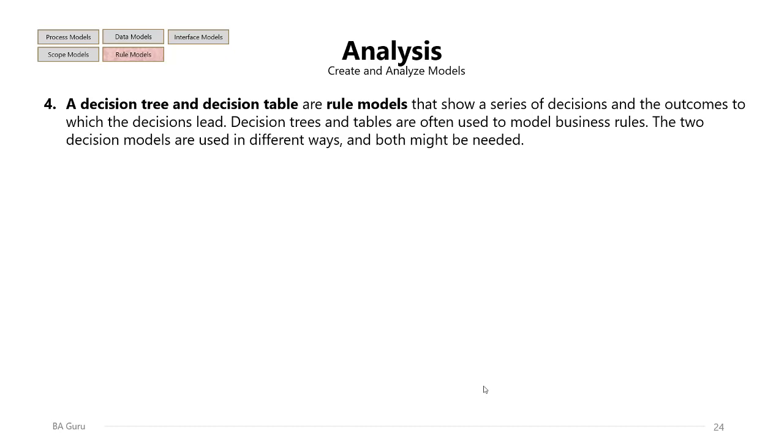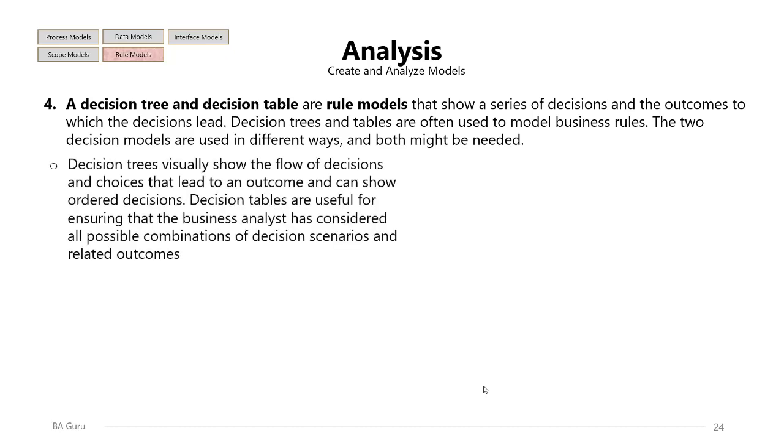Decision trees and tables are often used to model business rules. The two decision models are used in different ways and both might be needed. One of them will represent the data as a tree and one in a tabular format. Both are usually used to model the business rules applied in the project.